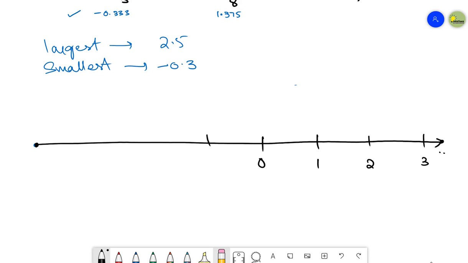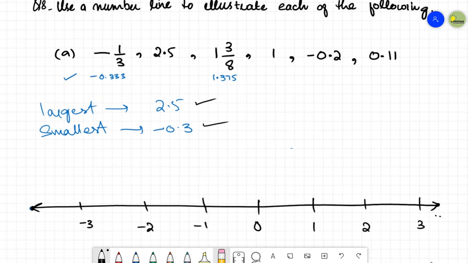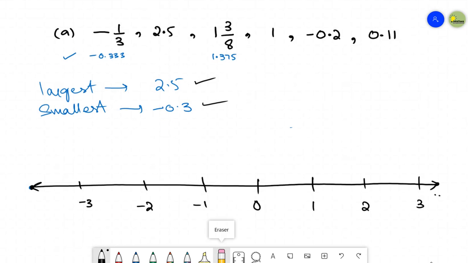So at the same distance, I'm going to plot minus 1, minus 2, minus 3, and so on. This is your number line. In this particular number line, you can easily plot the highest and the lowest value, right? So this is the way to find out the length of the number line that you need to draw. Okay, now let's start plotting on the number line.